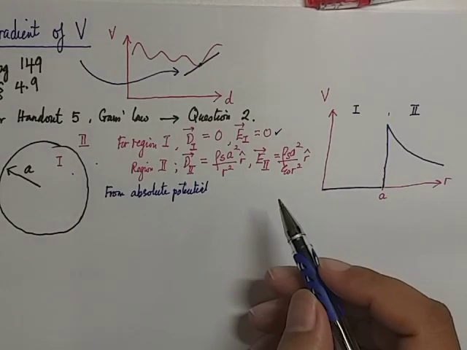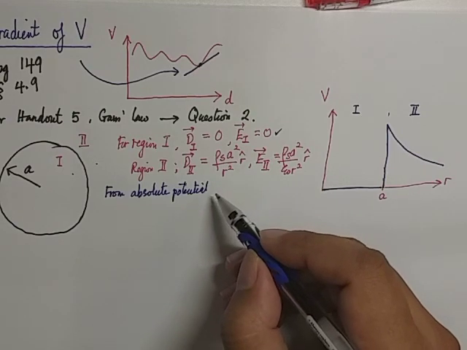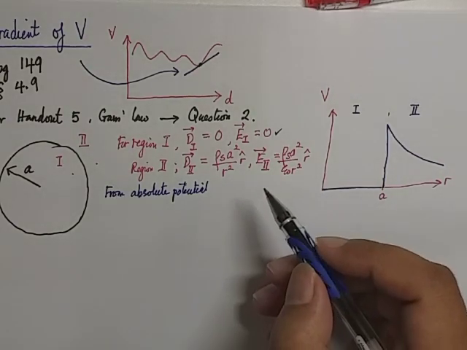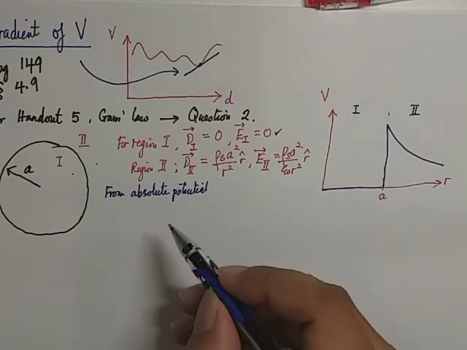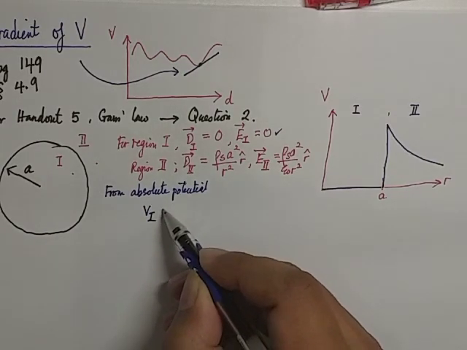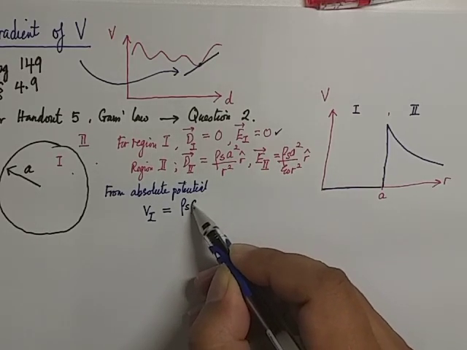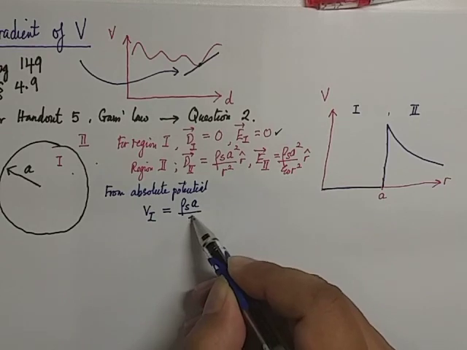Can anyone remember that? From absolute potential, we discussed together and solved the same problem. For region number 1, V1 is equal to rho s A over epsilon naught.